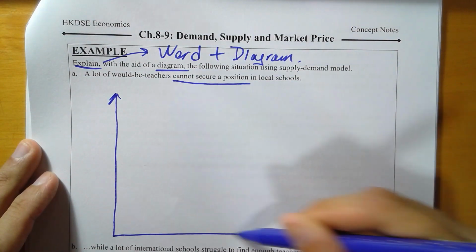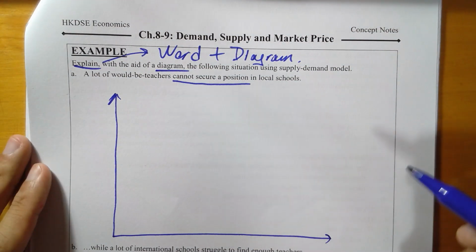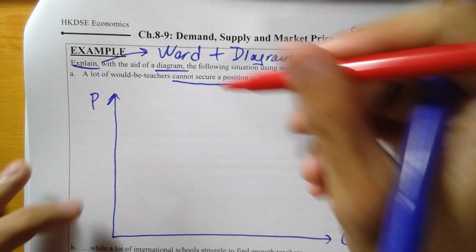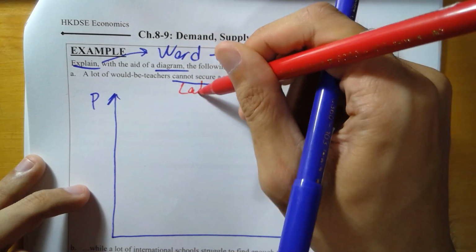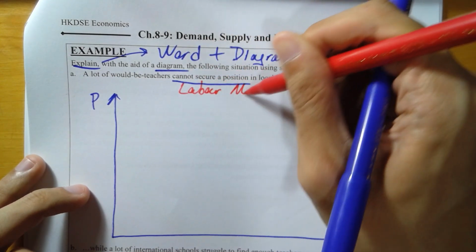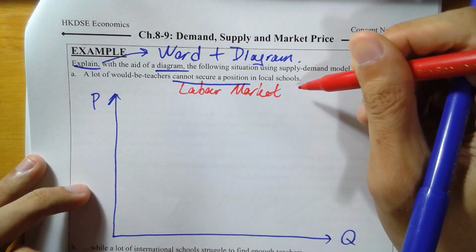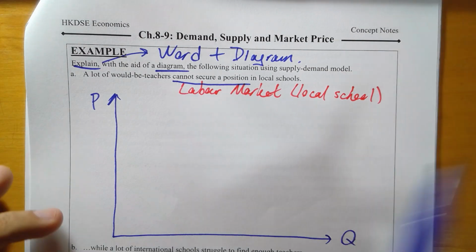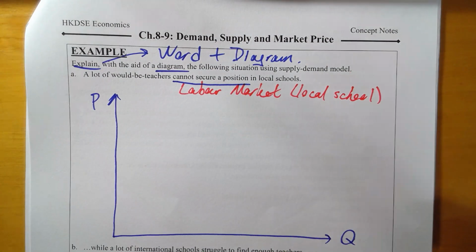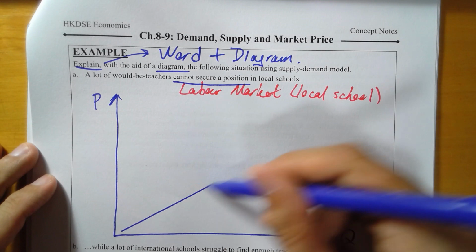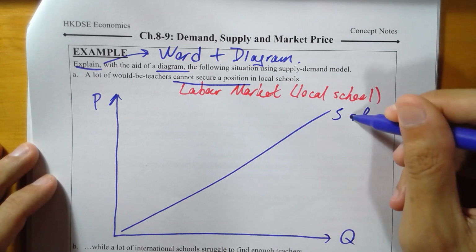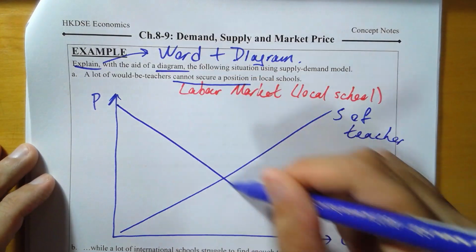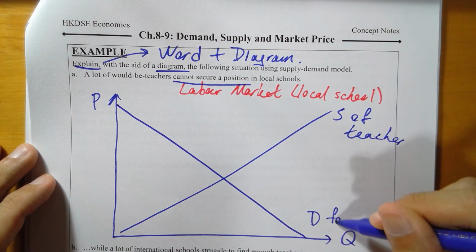So let's see. Now, whenever we see these kind of questions, we immediately remember we are talking about the so-called labor market of local school. 我哋係講緊個 labor market 啊。Okay, so here we have supply of teachers, and we also have demand for teachers.